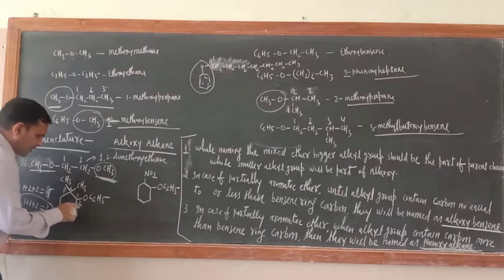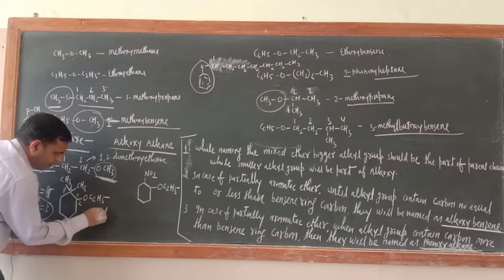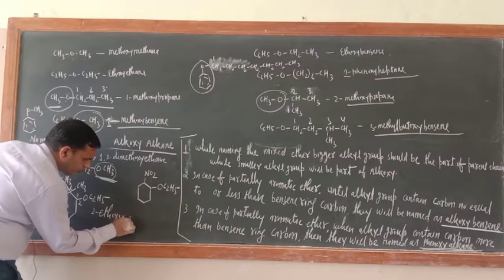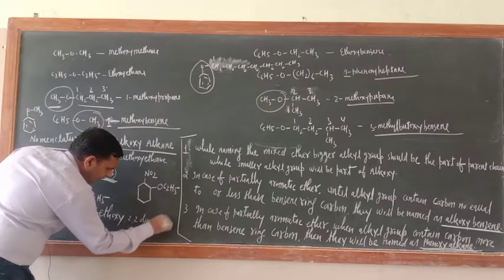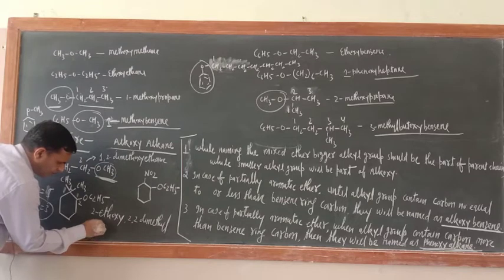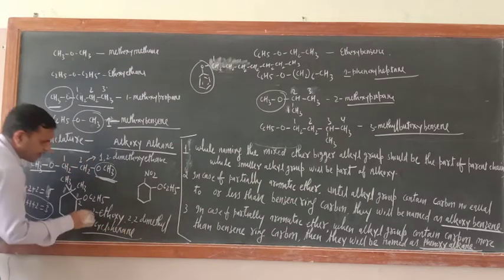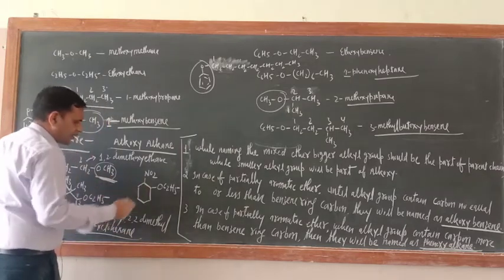So what would be the name of this one? This is 2-ethoxy-1,1-dimethylcyclohexane.